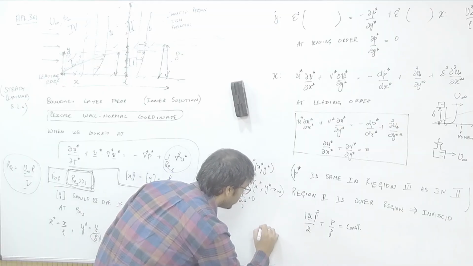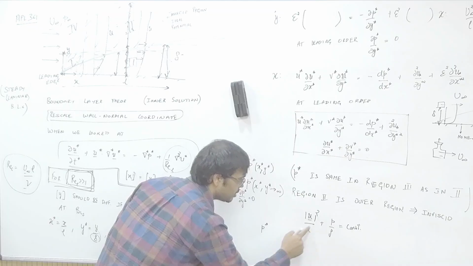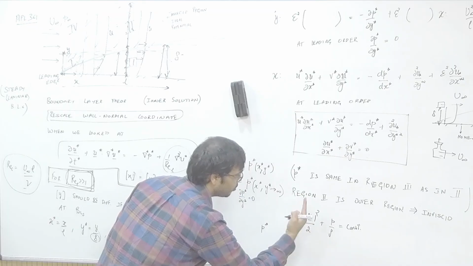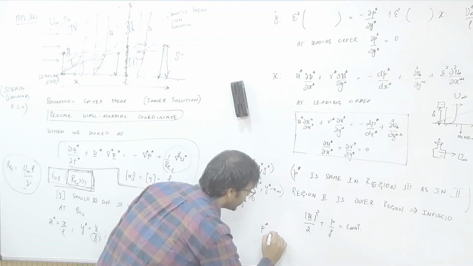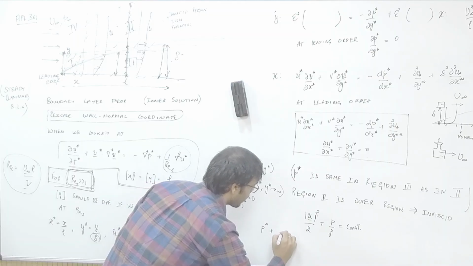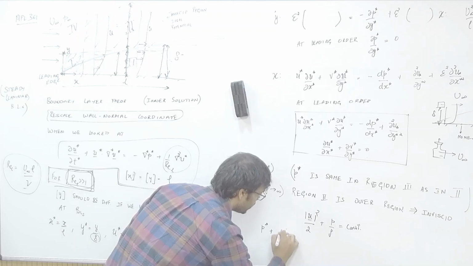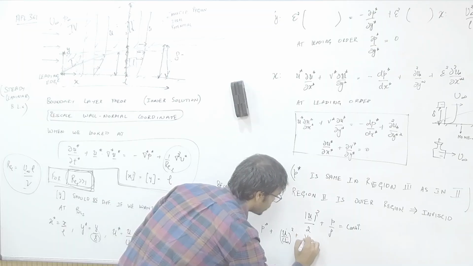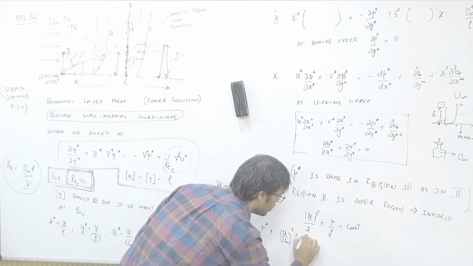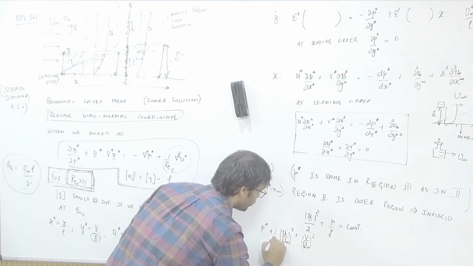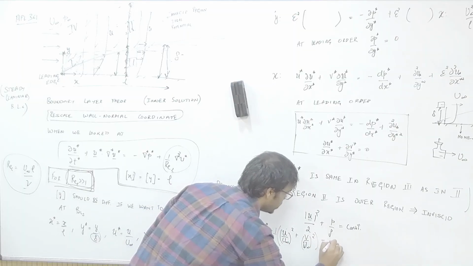We'll have rho u infinity squared divided by rho, which will go away, and so here you will get p star plus u over u infinity squared plus v over u infinity squared, half, equals constant.